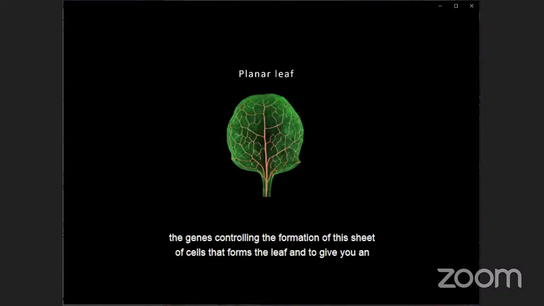And we know quite a lot about the genes controlling the formation of this sheet of cells that forms the leaf. And to give you an idea of where these genes are active in the leaf, what I'm going to show you is a small section through the leaf, looking in cross-section to see where these genes are switched on.